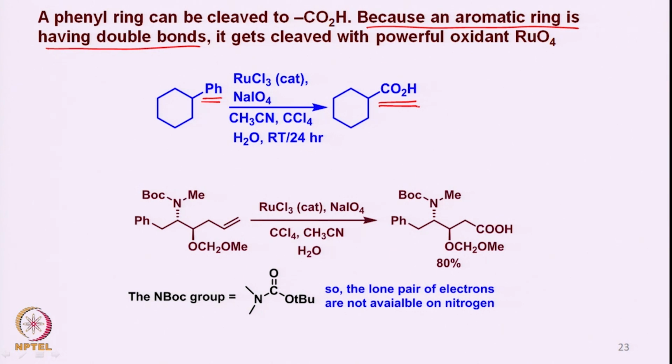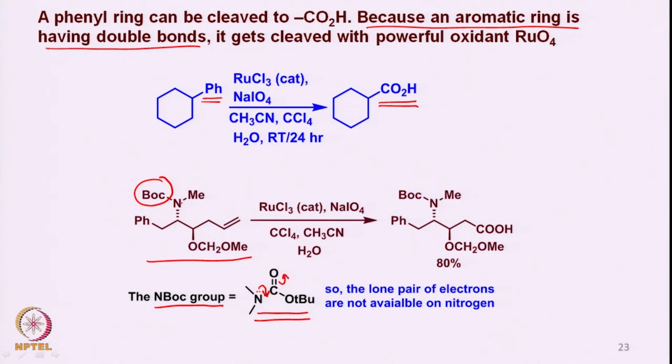Now, here we have another example in which we have a lone pair of electrons on the nitrogen blocked by the use of this protecting group, which is a Boc group, where the lone pair of electrons on the nitrogen is in conjugation with the carbonyl group.